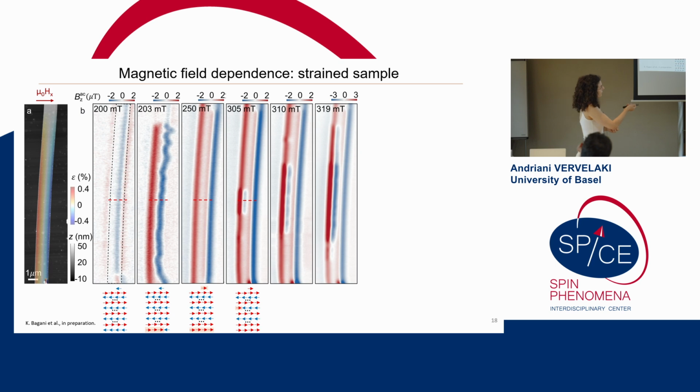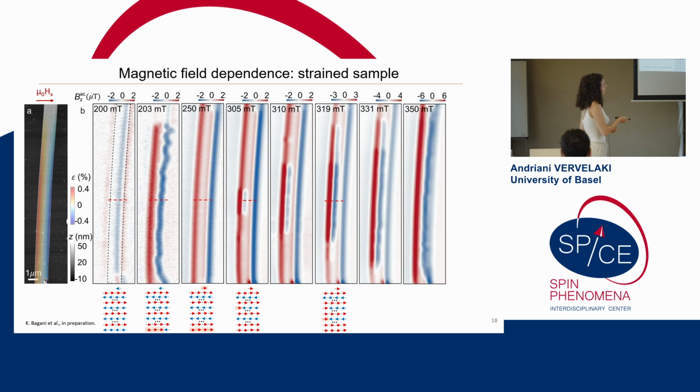And going further, we see that the contrast keeps on expanding, but at the same time, we have a higher magnetic contrast in the middle, which is again the region of the most tensile strain. And this means that we also have extra layers that are starting to reorient as well.